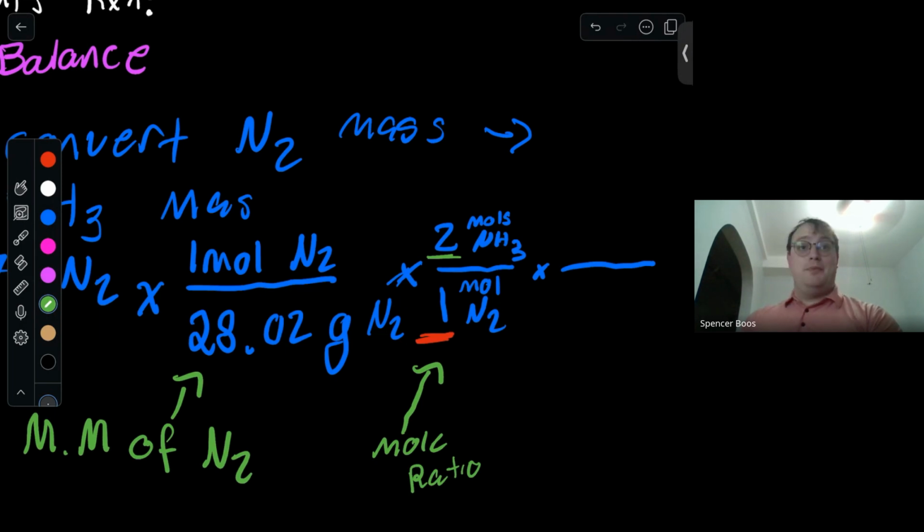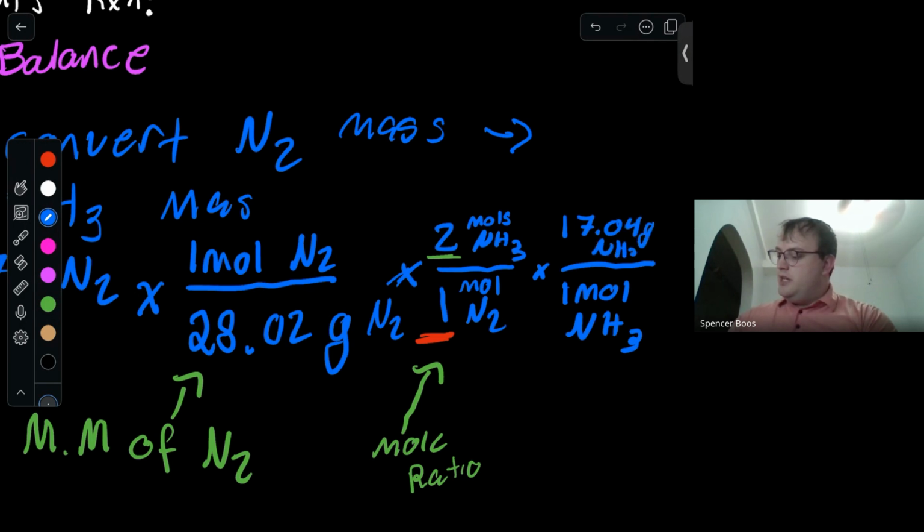The last step is to again use molar mass. But do we use the molar mass of N2? No. We use the molar mass of NH3. That, of course, is 17.04 grams of NH3, because this here is the molar mass of NH3.